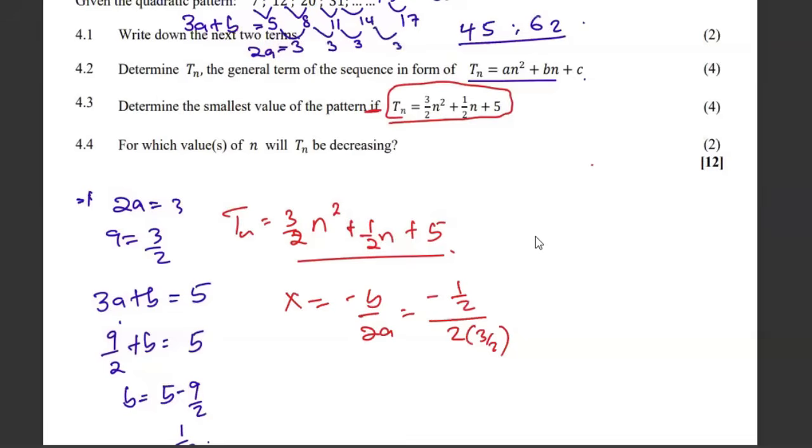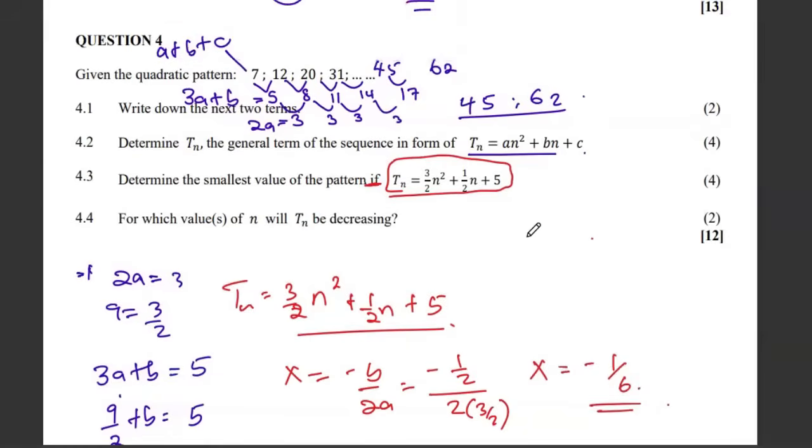When I punch this into my calculator, we have negative 0.5 over 2 times 1.5, and I'm getting negative 1 over 6. So when n is negative 1 over 6, that's when we are getting our minimum value.